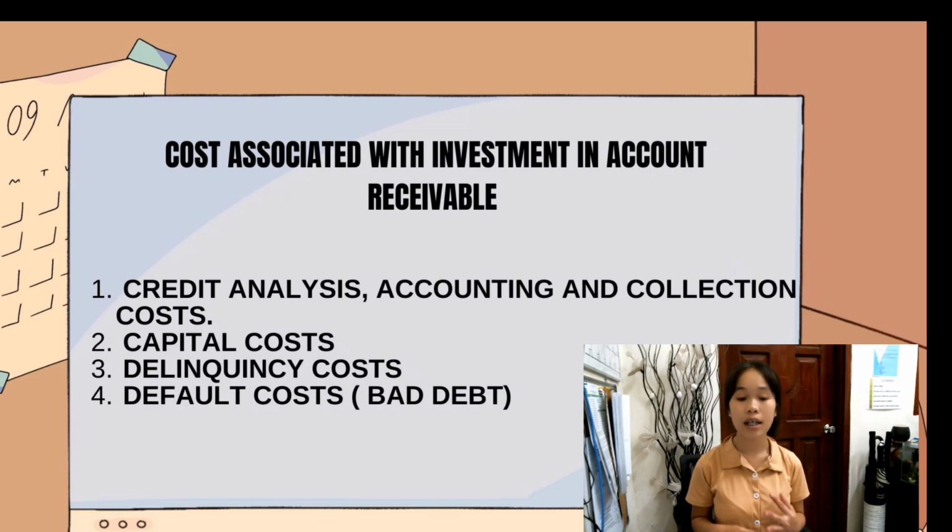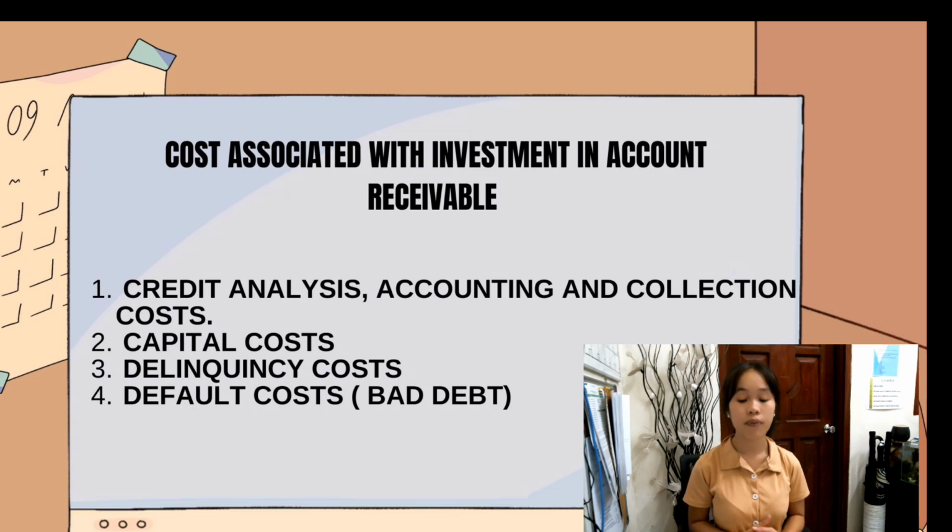And third is delinquency cost. These costs are incurred when the customer is late in paying. This delay adds collection costs above those associated with a normal collection. Delinquency also creates an opportunity cost for any additional time the funds are tied up after the normal collection period.